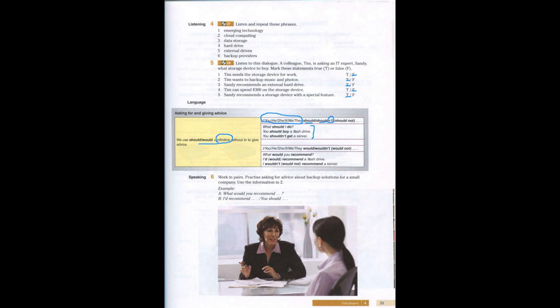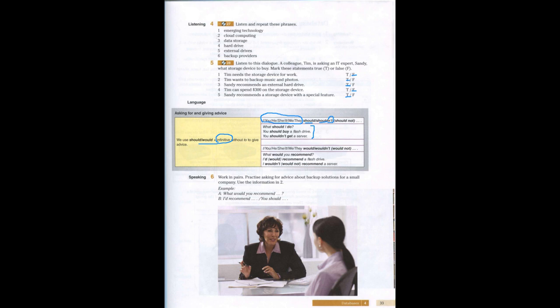Here we have other examples with would. استخدام should و would واحد لأن كلهن modal verbs as I've told you. I, you, he, she, it, we, they, would or wouldn't. So same thing. Would الإثبات, wouldn't النفي. What would you recommend?